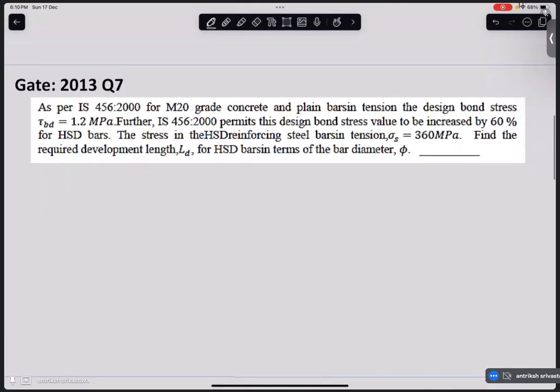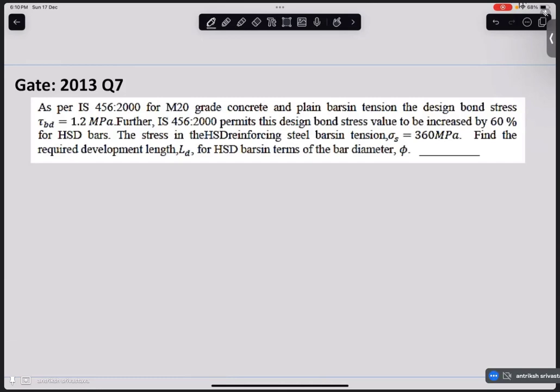Okay, GATE 2013 question number 7. As per IS 456-2000, for M20 grade concrete and plain bars in tension, the design bond stress tau BD is given as 1.2 megapascal. Further, IS 456-2000 permits the design bond stress value to increase by 60% for HSD bars.